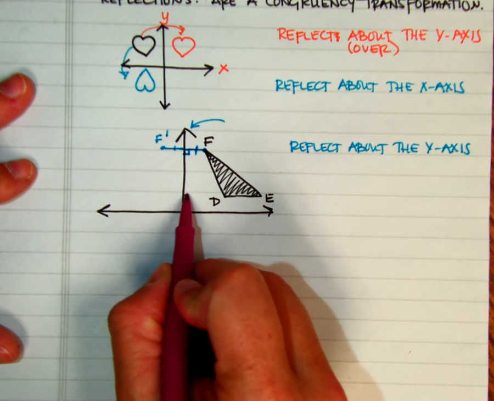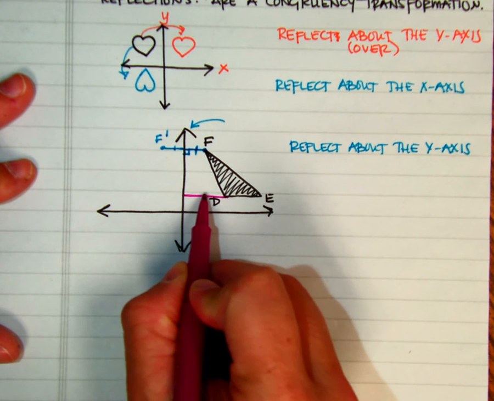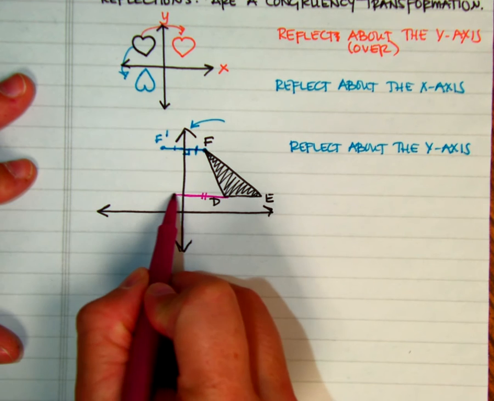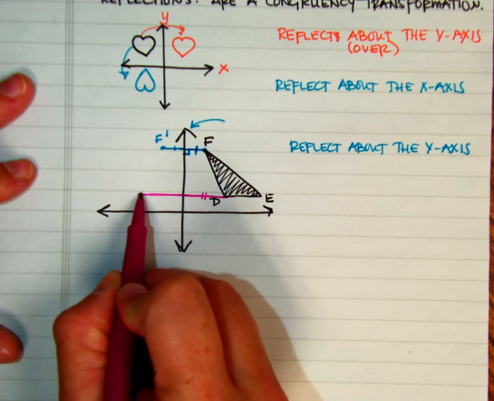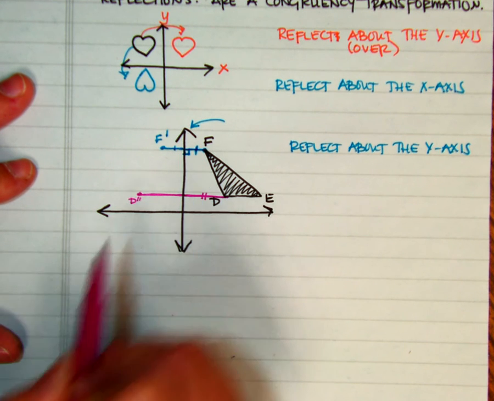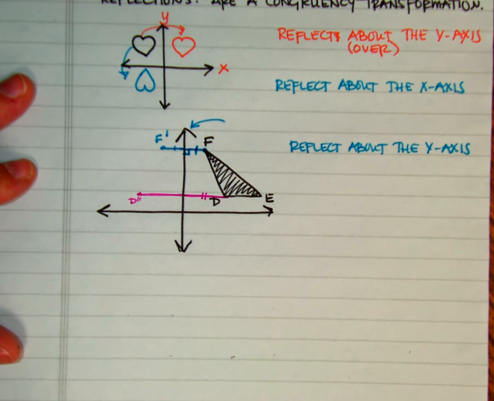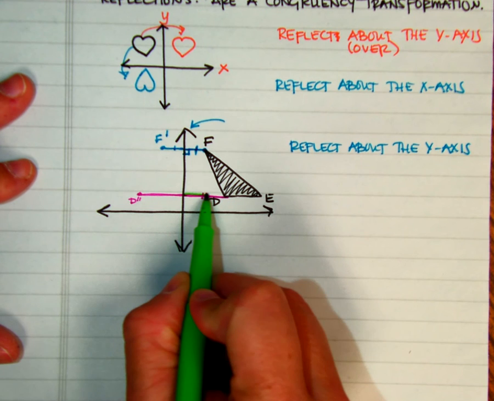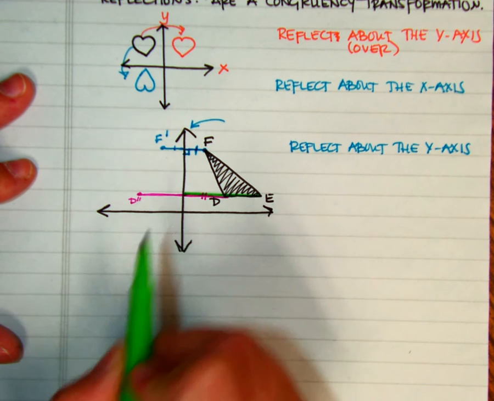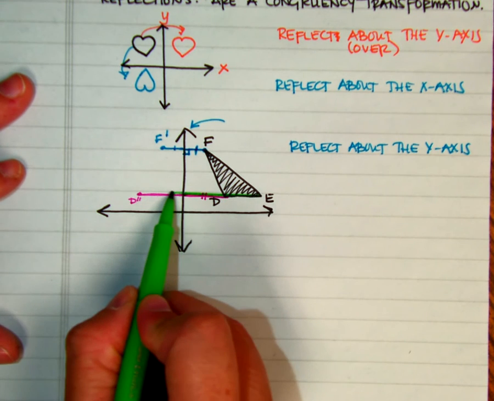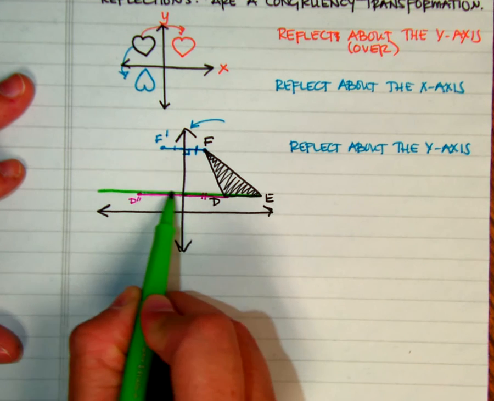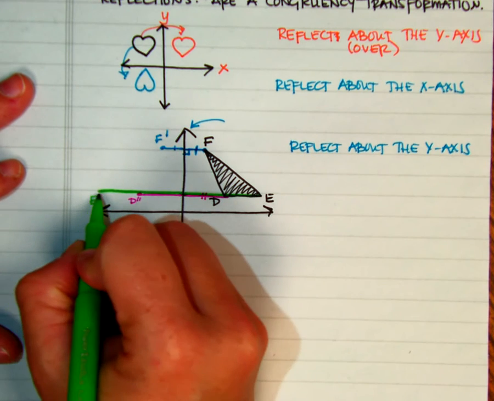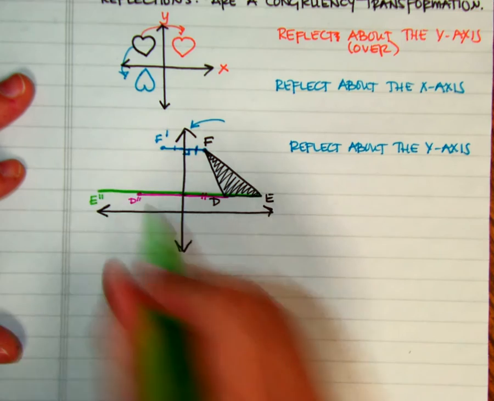However far it is to D, that's how far D prime needs to be as well. And then finally E, it's going to be a little bit harder. So let's say that E has a distance of the green. And I follow the same distance of the green. And there's my E prime. Oopsie, go back.